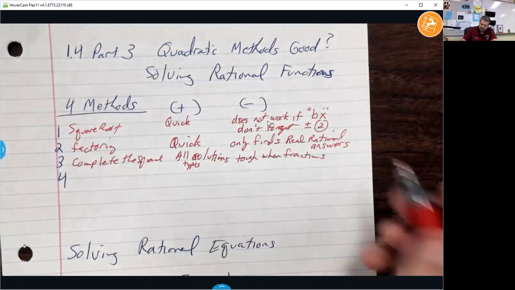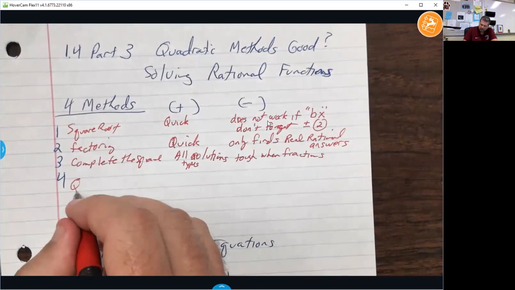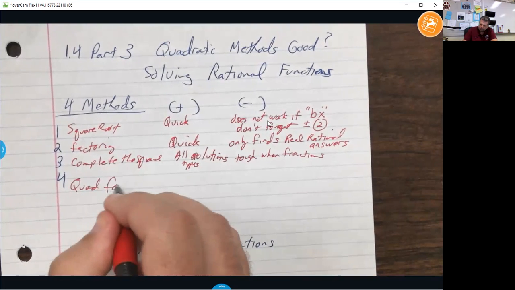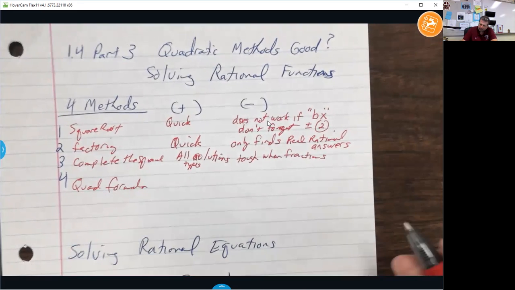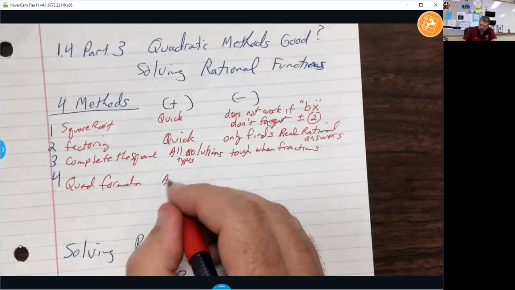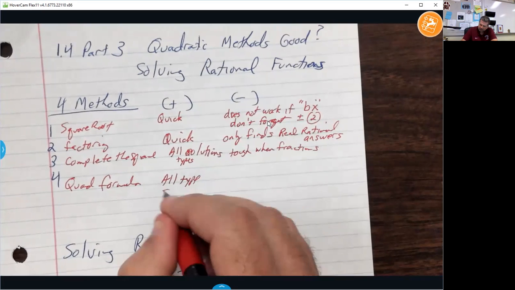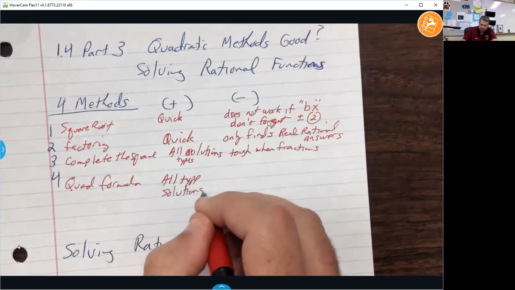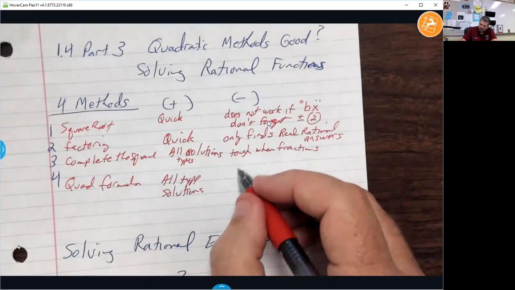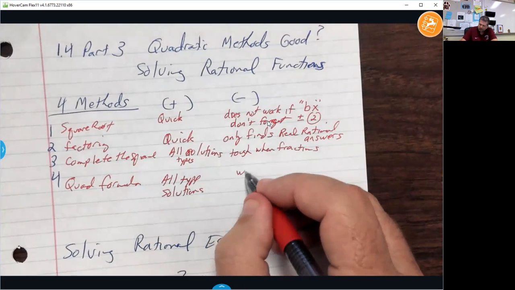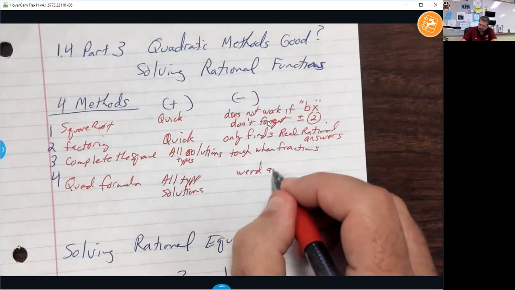And then the last one was the quadratic formula. Plus, it finds all types of solutions. And sometimes you'll get some weird looking answers.